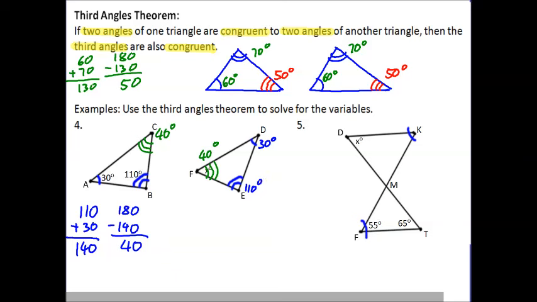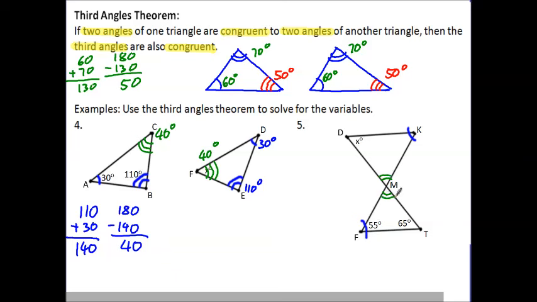In example 5, we're only told that angles F and K are congruent, but if we look at that drawing, we see that angle M really represents two vertical angles, so these two angles also have to be congruent.